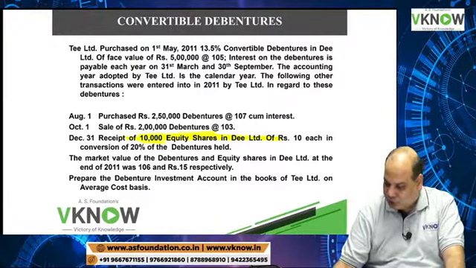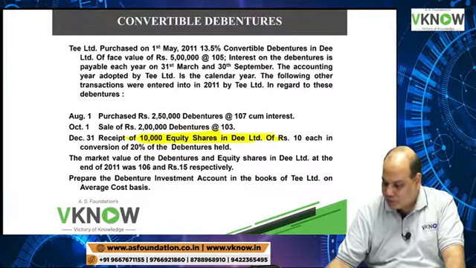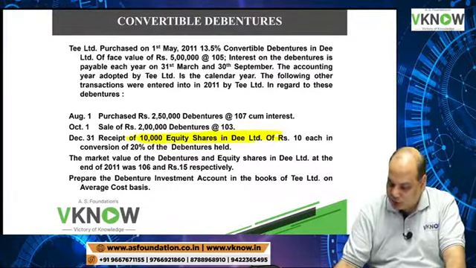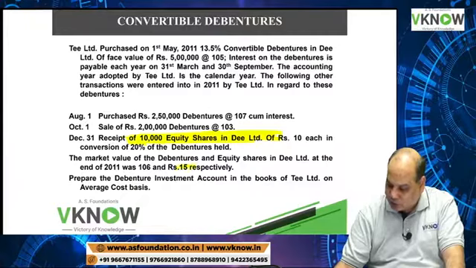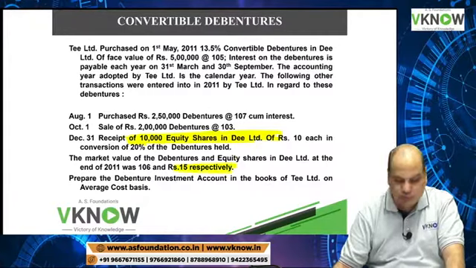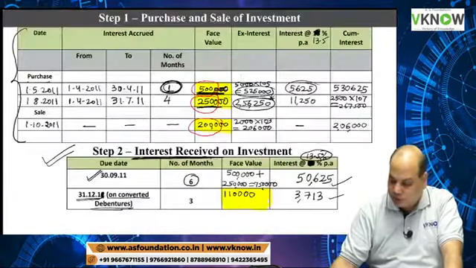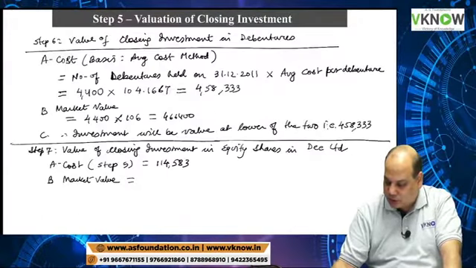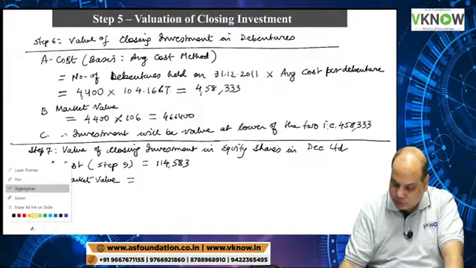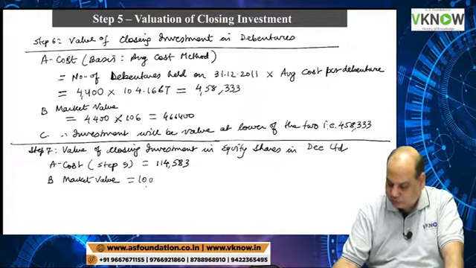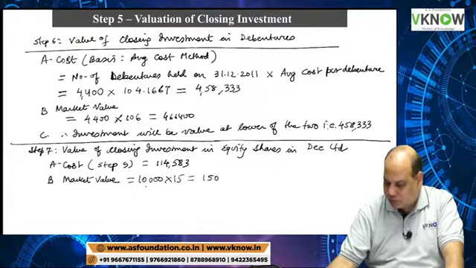Can you see this 10,000 equity shares? So I will multiply 10,000 equity shares into market price 15 rupees. So the answer is 10,000 into 15, that is 1,50,000.